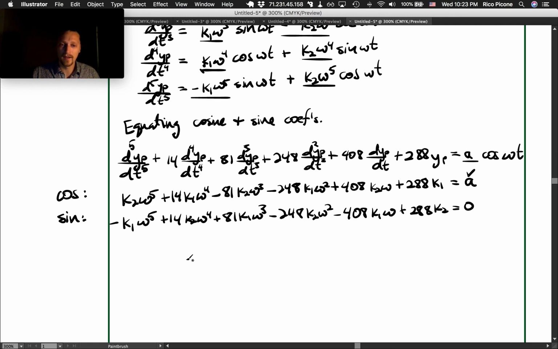So, solve the linear system however you feel like it. Solve one equation for K1, plug it into the other equation. Solve for K2 in the other equation.